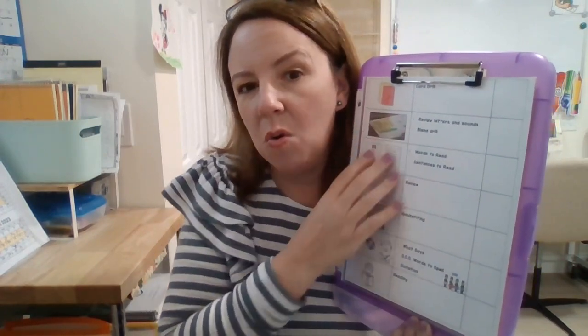And by letting them be the ones to put the check mark next to it, it is, once again, helping them stay regulated in the sense that they know what they've just finished and they know what's coming next.